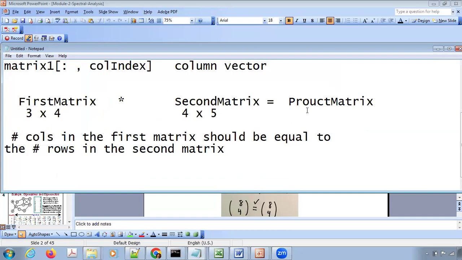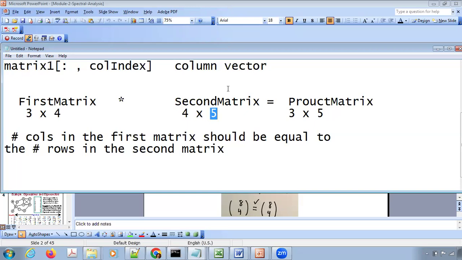So the dimensions of the product matrix in this case will be 3 by 5, which is basically the other two dimensions. So this 4 is the common dimension. So the product matrix will be of dimensions 3, which is the number of rows in the first matrix, by 5, which is the number of columns in the second matrix.